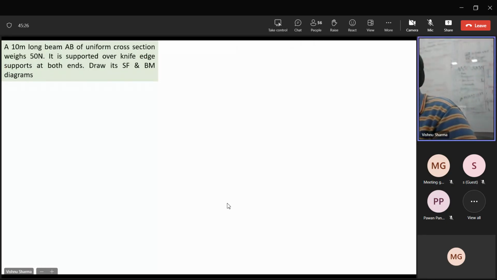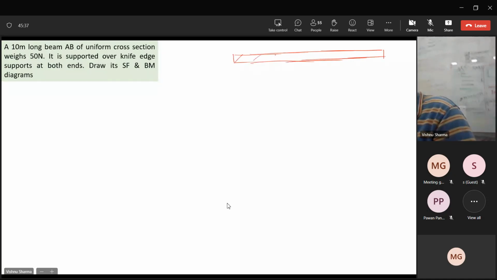A 10-meter long beam AB of uniform cross section. I'll cut short a little bit about calculation of reactions we had done yesterday. That will not be done today. AB is supported on knife-edge supports at the ends, with a load of 50 newtons at the rate of 5 newton per meter.